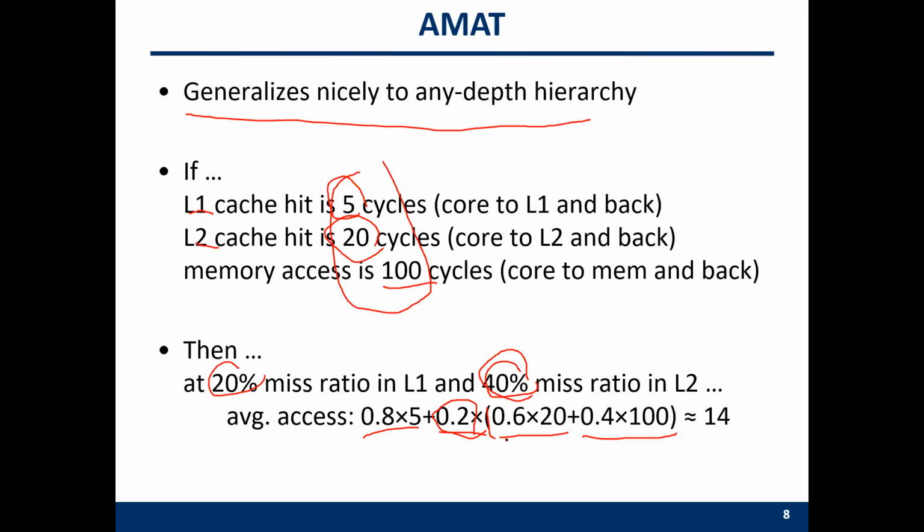So this is the 20% case from the L1 perspective. Then we sum them together, and the result is 14. So you can see that if you cannot further improve the cache hit rate, you can add more levels of cache. In this way, you can still improve the average memory access latency.